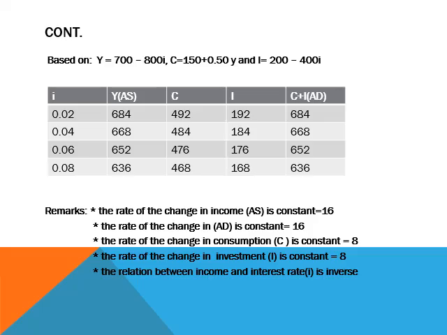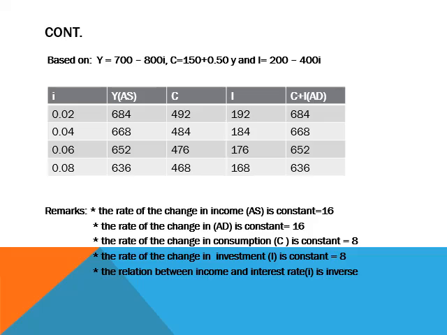Similarly, by inserting the interest rate in the function of investment, we get 200 negative 400 times 0.8. The result is 168. The summation of 168 and 468 is 636, which is Y.